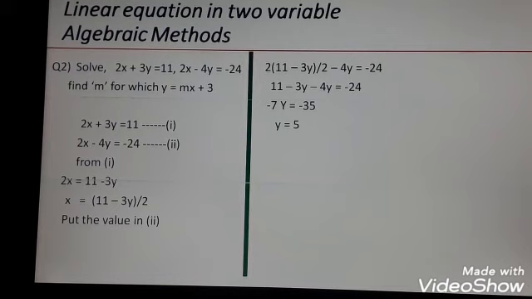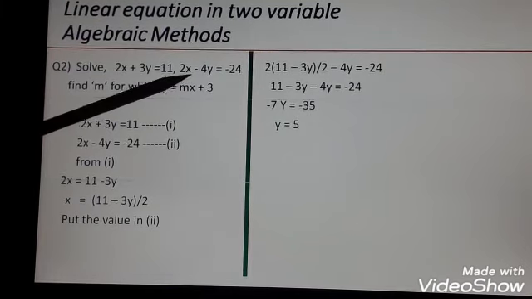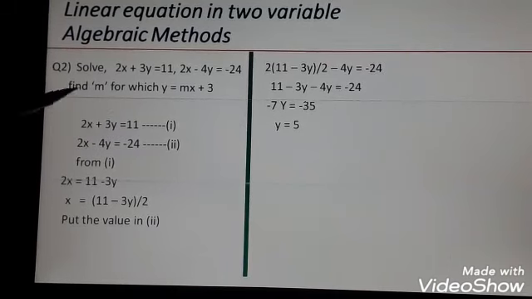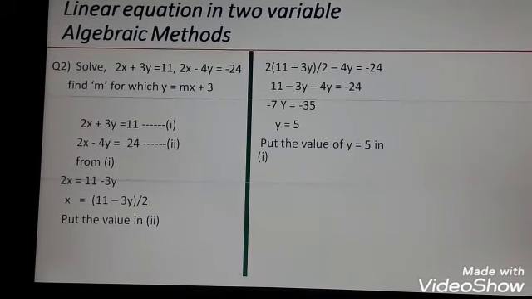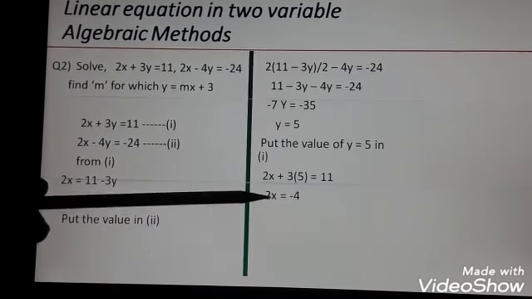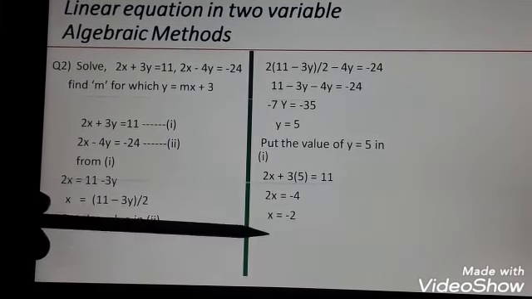Now substitute this value of y equal to 5 in the second or first equation, and you'll get the value of x. 2x equal to minus 4 and x equal to minus 2.